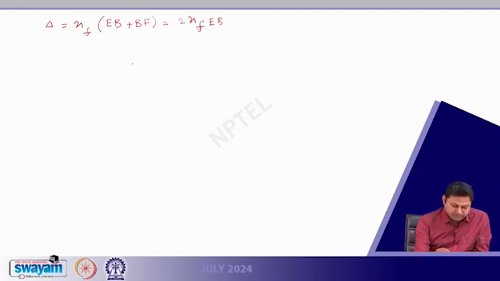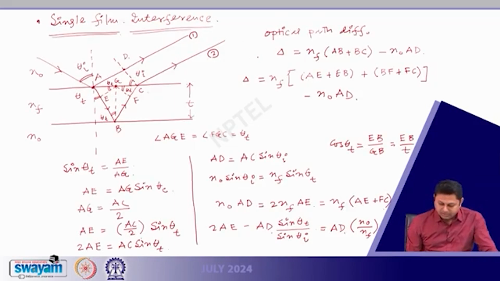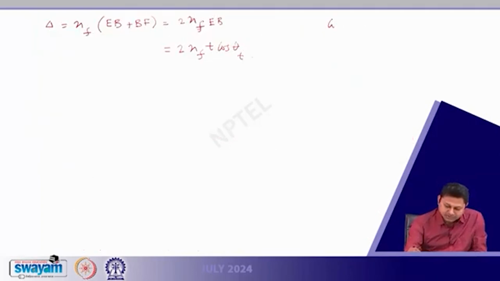Now that quantity is equal to 2 of NF of T of cos theta T, because you remember that cos theta T here, it was EB by T that I calculated here. So cos theta T was EB divided by thickness. So EB I can calculate in this way.